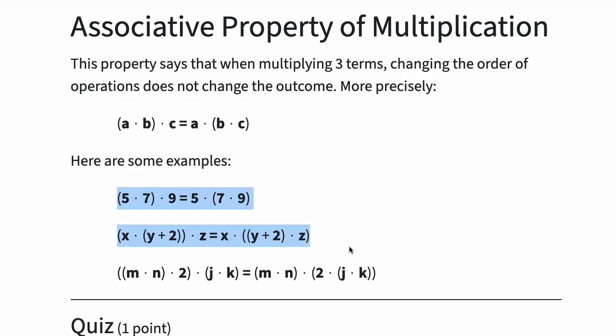Here are some examples. (5 times 7) times 9 is equal to 5 times (7 times 9). (x times (y plus 2)) times z is equal to x times ((y plus 2) times z). (m times n times 2) times (j times k) is equal to m times (n times 2 times j times k).